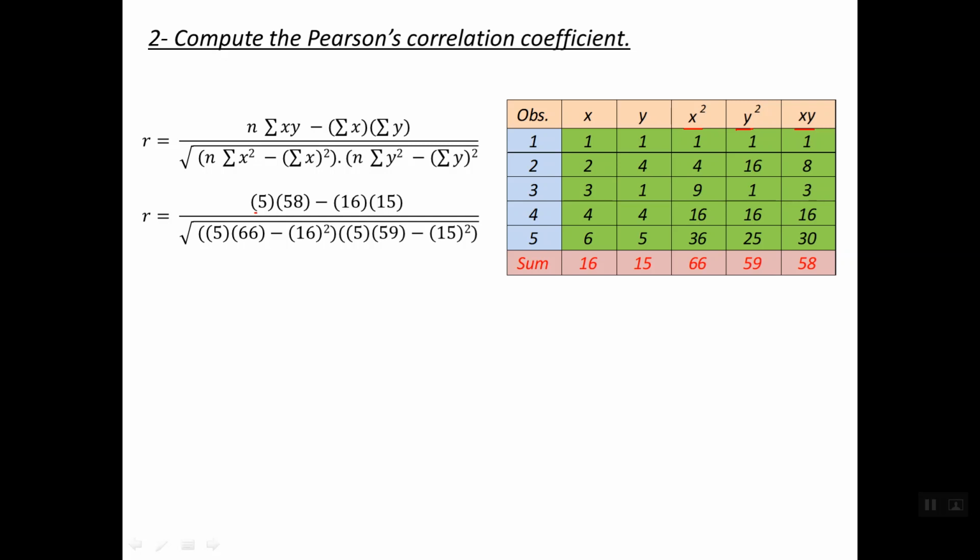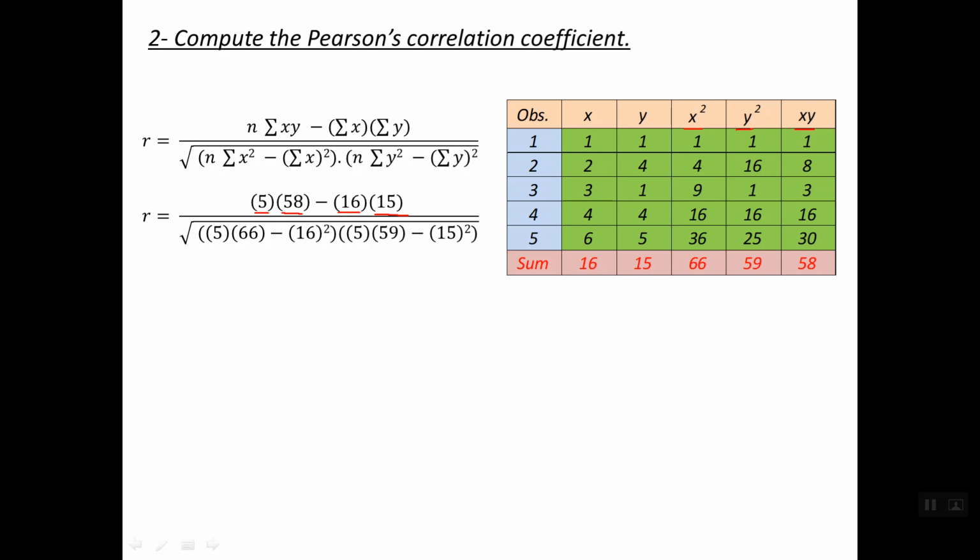We have here 5 observations, so n equals 5. This is the sum of xy, 58, minus the sum of x, which is 16, times the sum of y, which is 15.